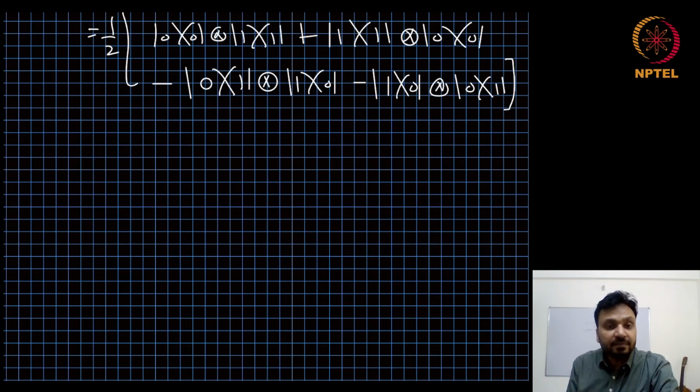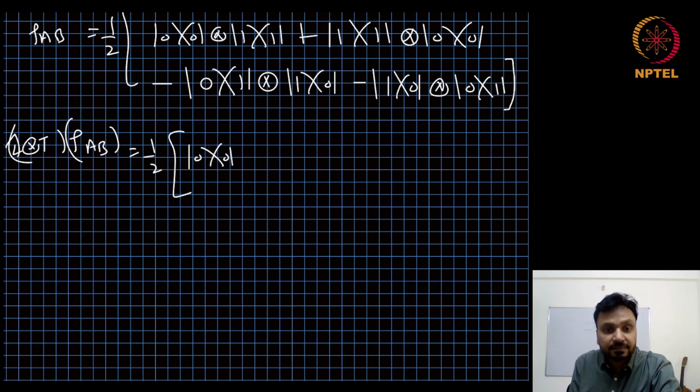So when we take the partial transpose over this state rho AB, this is the rho AB we have, then it will be the transposition on the second subspace.